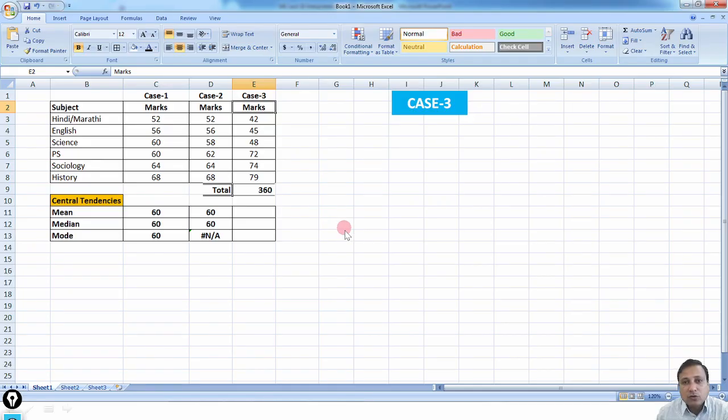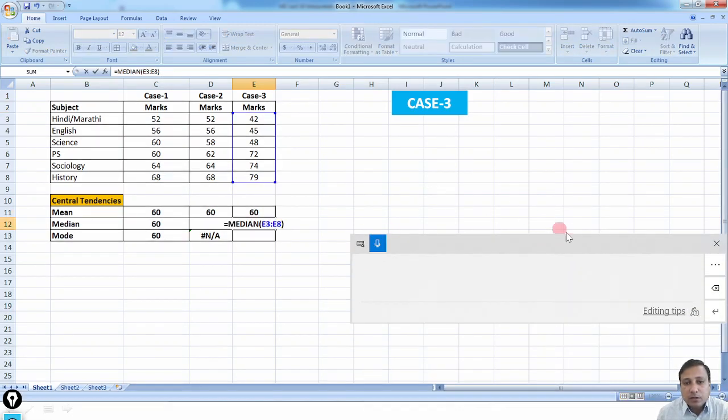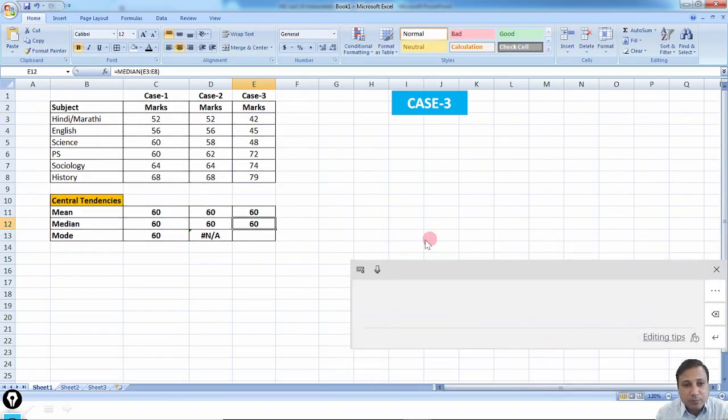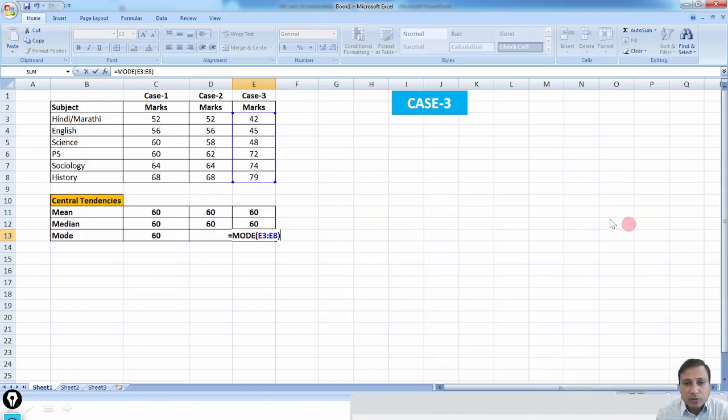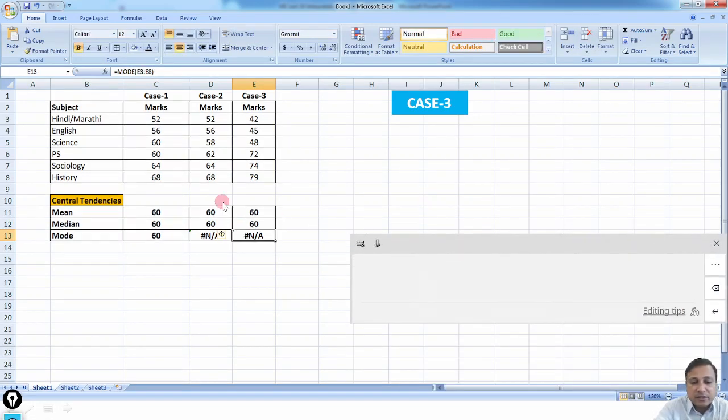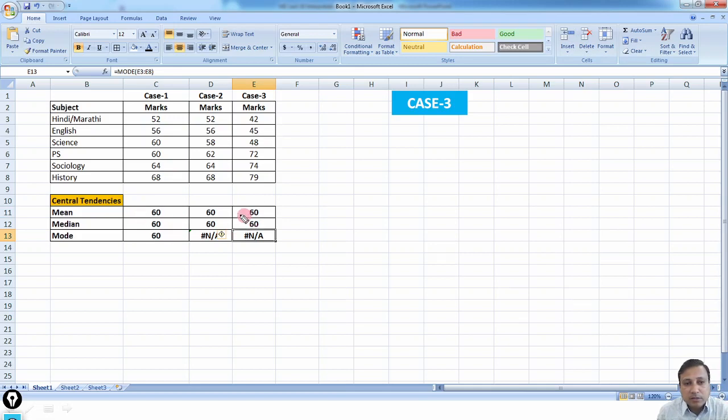Now let me take you to case 3 again. I'll compute mean, median and mode. Then again here you will find that mean and median are the same in all these three cases. Again, I will not get mode because there is not a single value which came with the highest frequency.